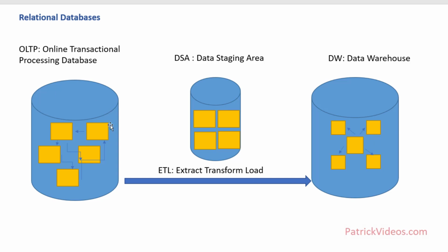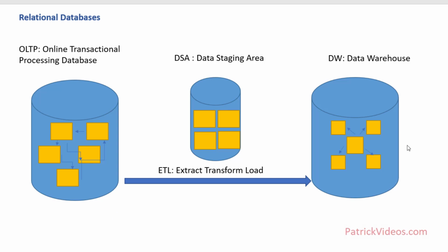So what they do is they take this data from an OLTP database, extract, transform, and load the data into as few tables as possible in the data warehouse. This ETL process is carried out in what you call a DSA or a data staging area. So if you have an application, behind the application you have OLTP databases, with data organized in an efficient, normalized manner.